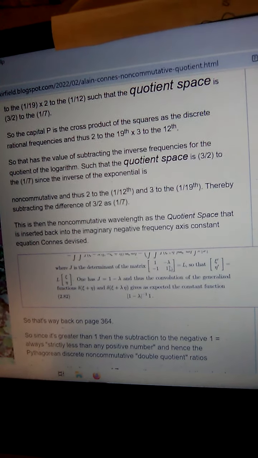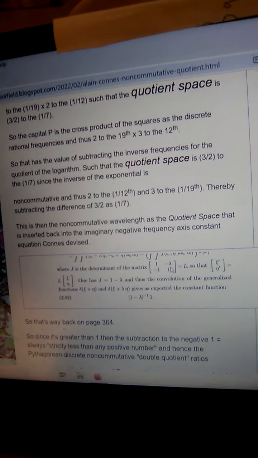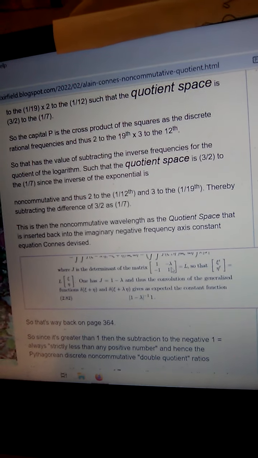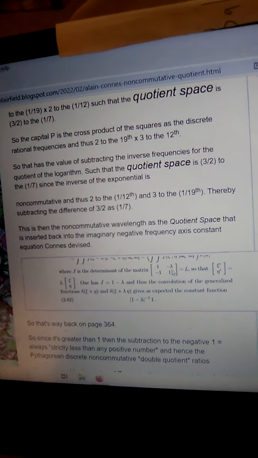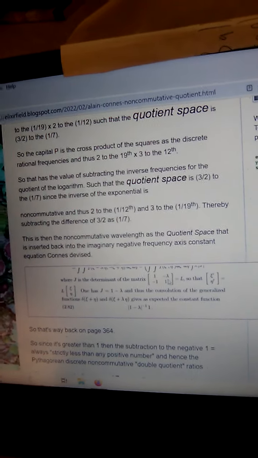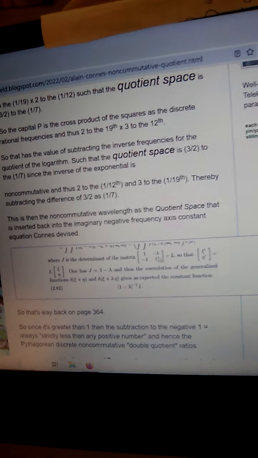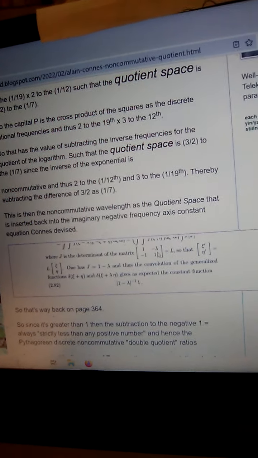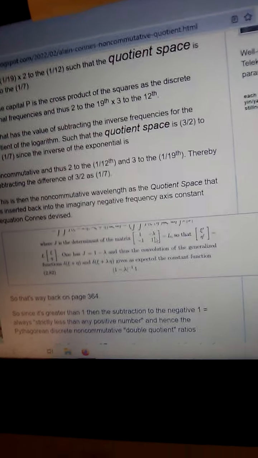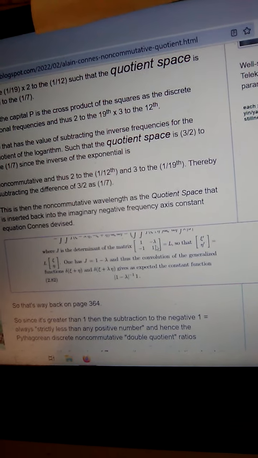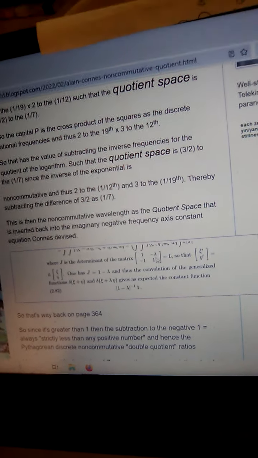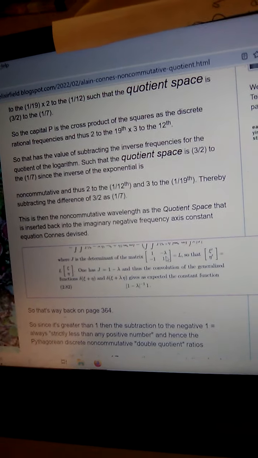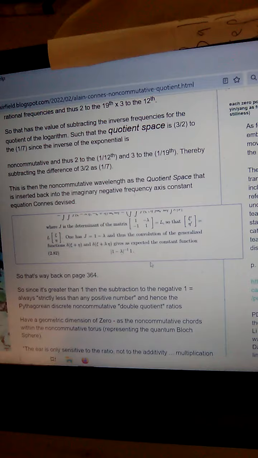And since it's a negative number, because it converges, the wavelength converges as the inverse frequency, so it's an inverse of the exponential as the wavelength. And since it's greater than 1 as the convergence, when you subtract the 1 minus the greater than 1, then it's always less than a positive number. And therefore, it always has a geometric dimension of 0.